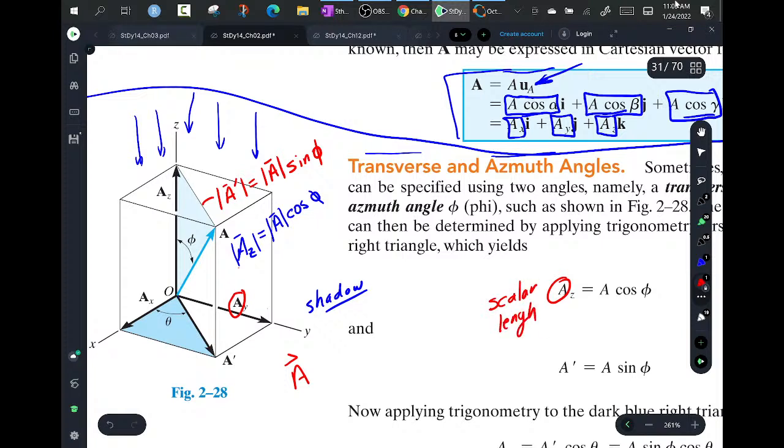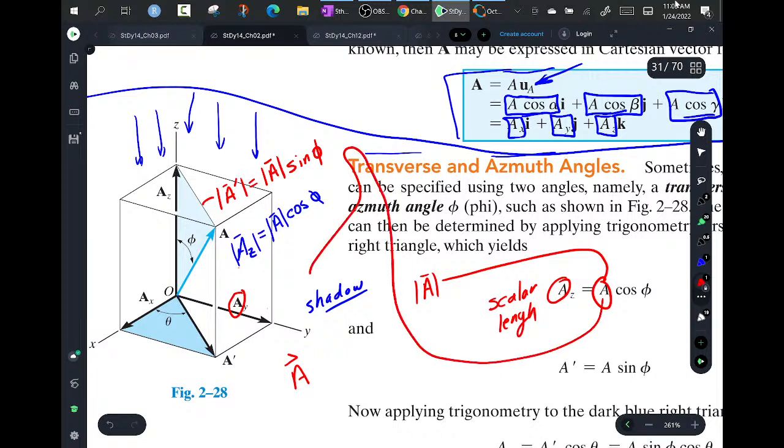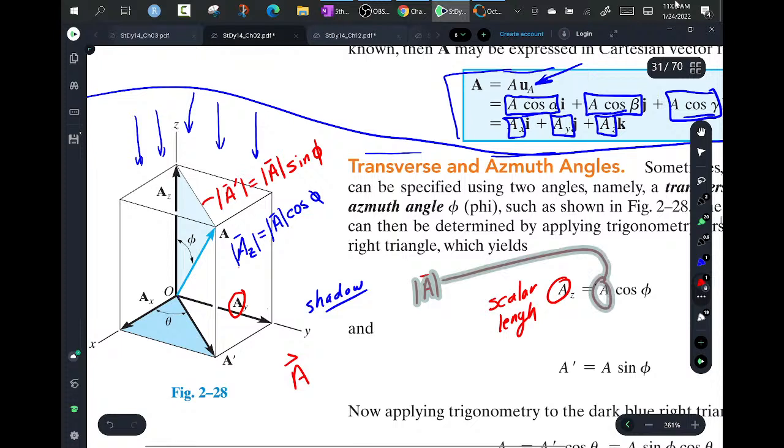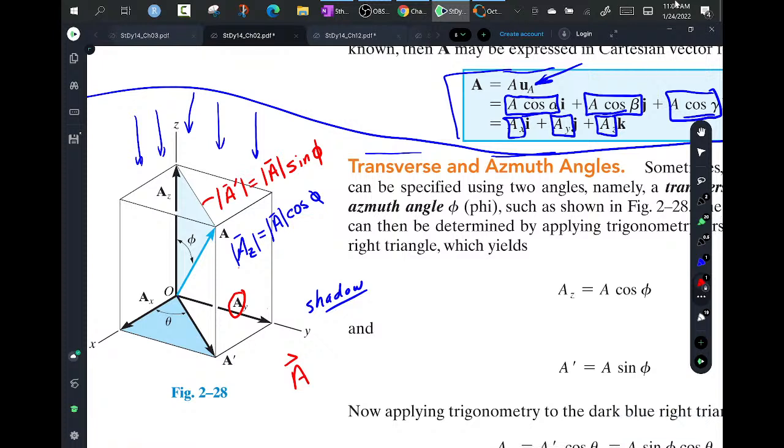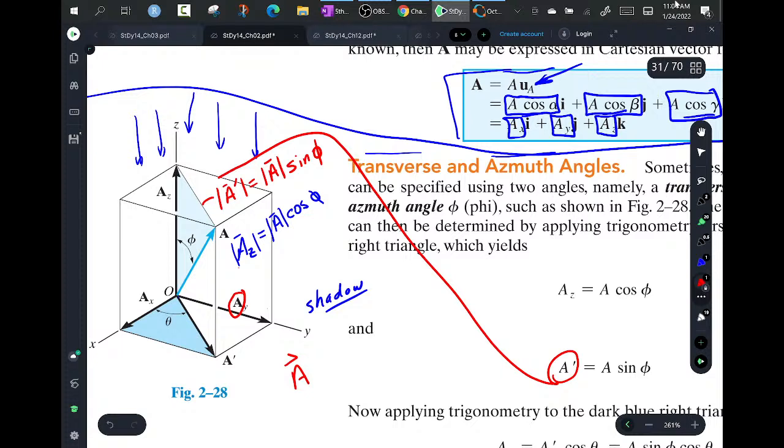So in fact, what I've written, in other words, this is actually the same as that. But this A is the scalar length of this A here. So realize over here you're dealing with the scalars. You're just looking at lengths here. Now, you also see the shadow vector. The shadow vector sits right here.